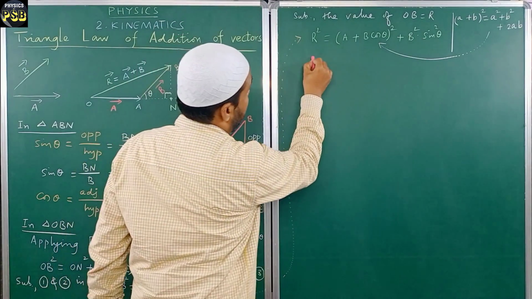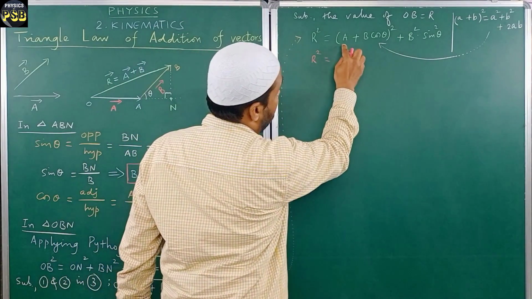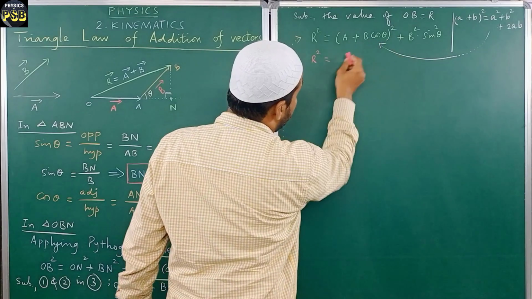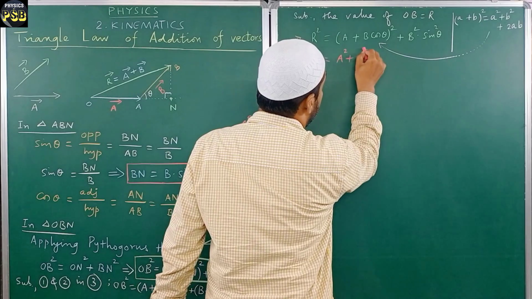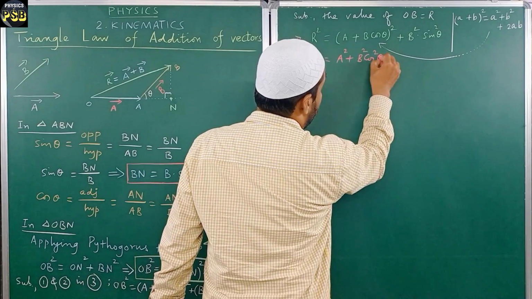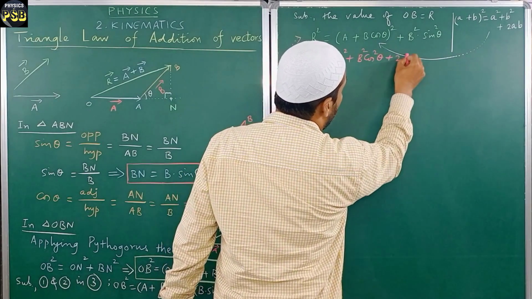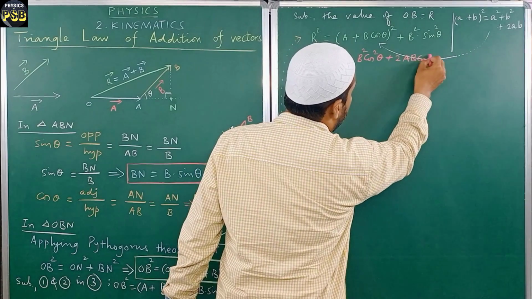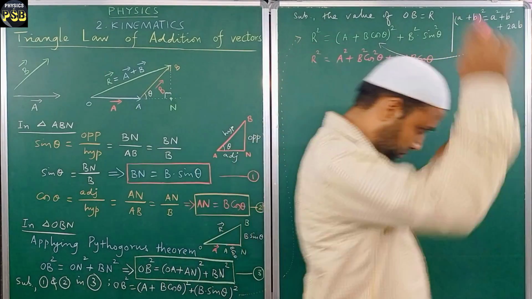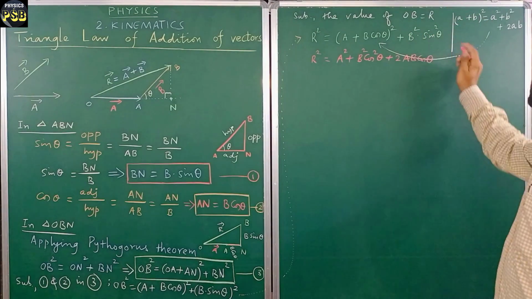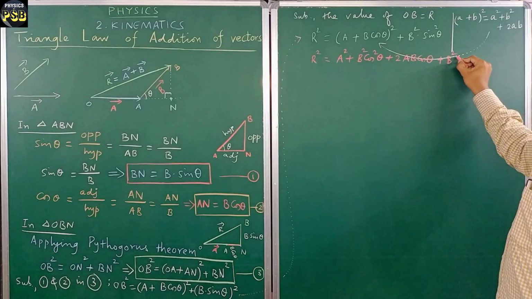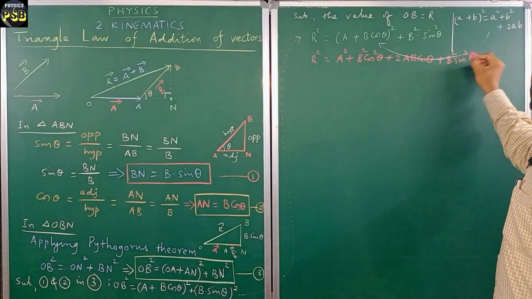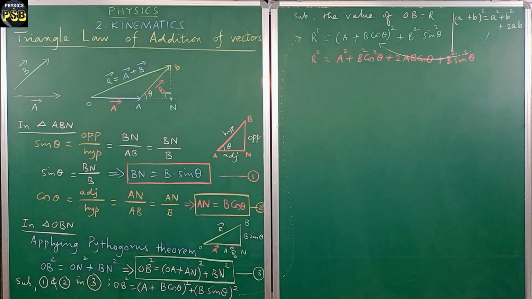Here R square, the expansion becomes A square plus B square cos square theta plus 2AB cos theta, plus this term written as such, B square sin square theta. Now I'm going to rearrange this.